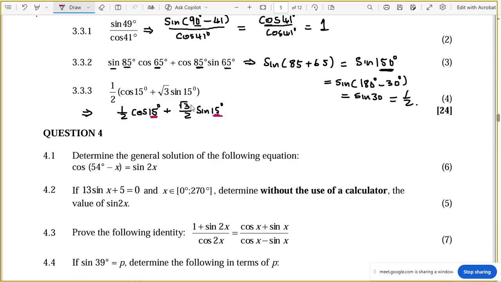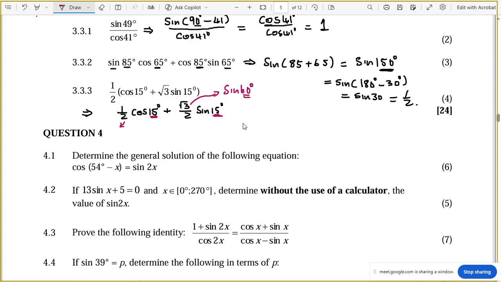So this √3/2, I know that this will be the sine of 60. Then, since this is 60, even this one should have 60, but it should not be sine, it should be cos.